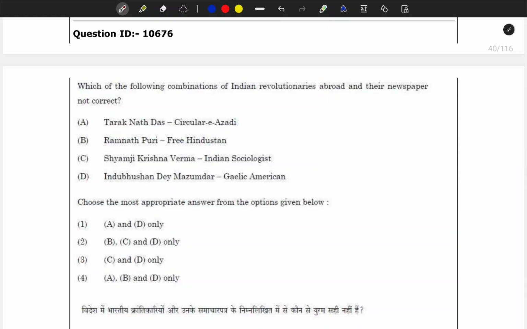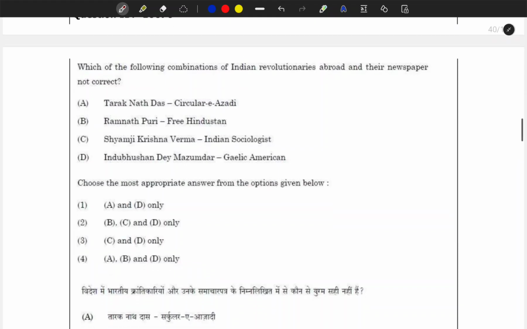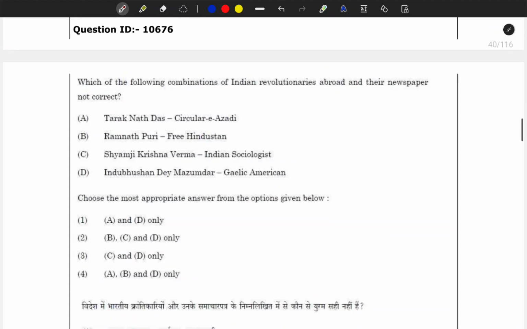As I said again, it is the options which make a question tough, not the question and not the topic on which they have asked. Which of the combinations of Indian revolutionaries abroad and their newspapers is not correct? Here you can see this is about not correct.